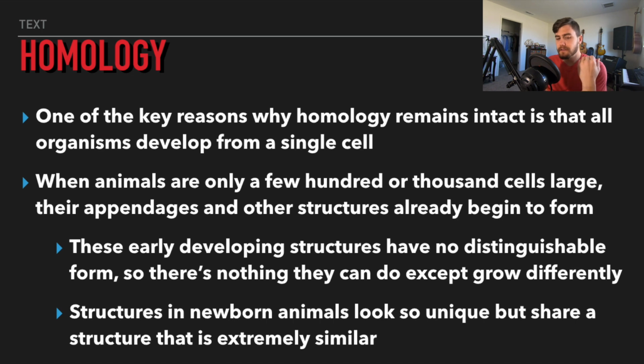So as these limb buds and other things in our bodies develop, all they do is grow differently, right? But they all stem from the same protostructure. So structures in newborn animals look so unique, but they share a structure that is extremely similar.